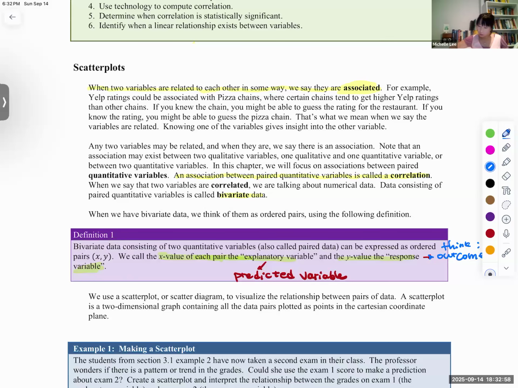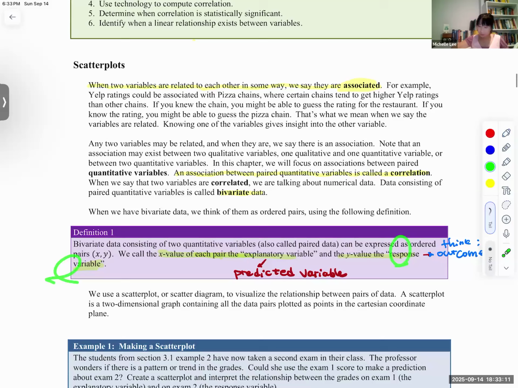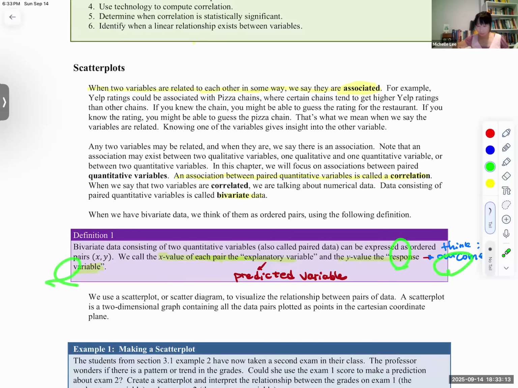Okay, so we have the explanatory variable, also called the predictive variable, and we have the response variable, which we might think of as the outcome.